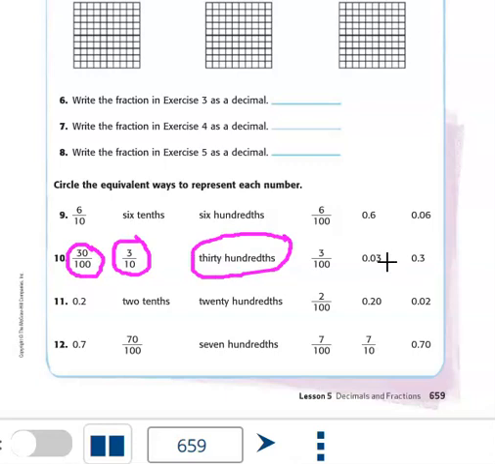This would be read as 3 hundredths, which is not what we have here. This would be read as 3/10, which is what we see here. So this one would also be correct. So I've done number 10. You're going to do the exact same thing for number 9, 11, and 12, and that'll get you through the practice.